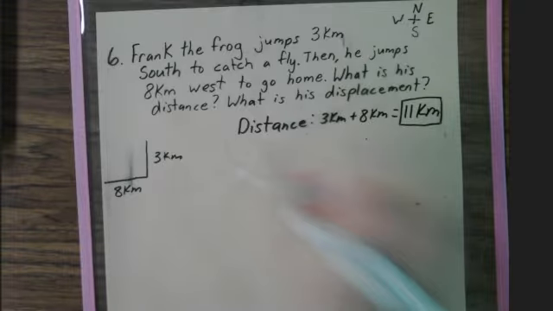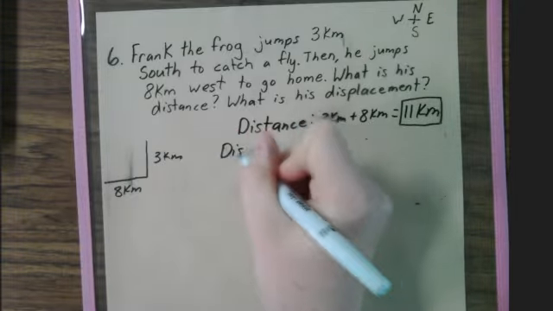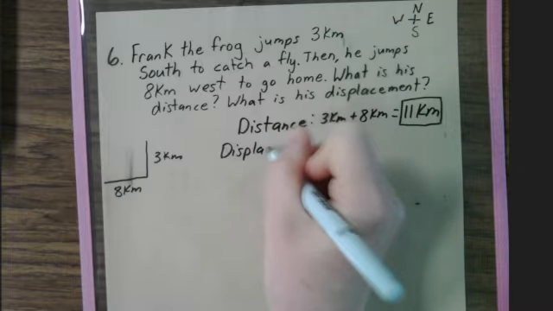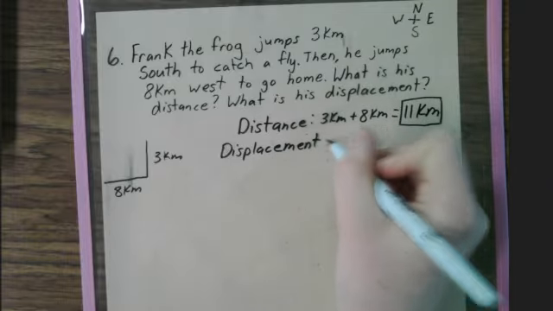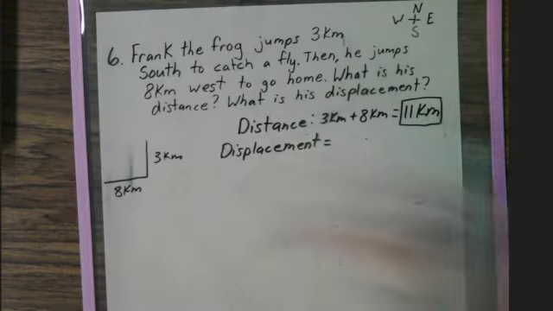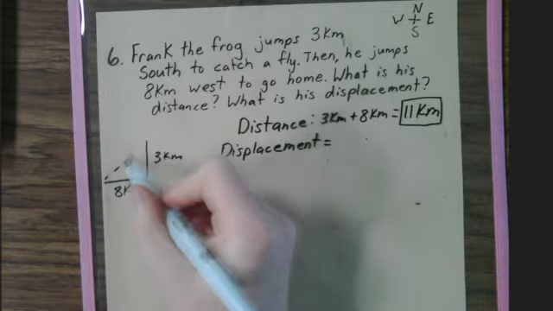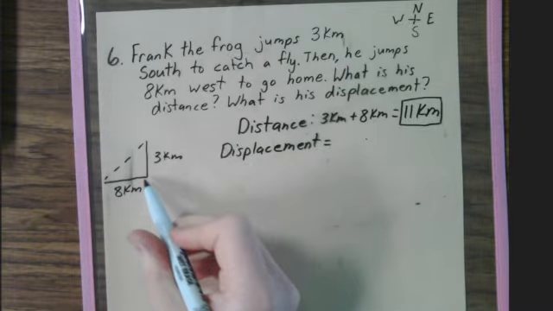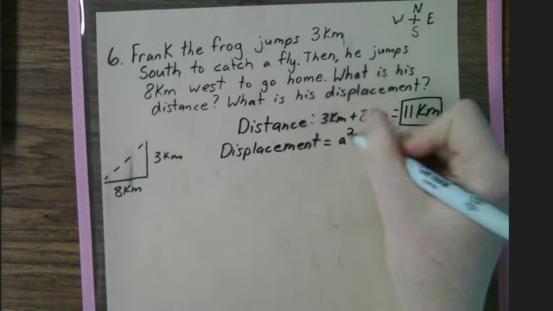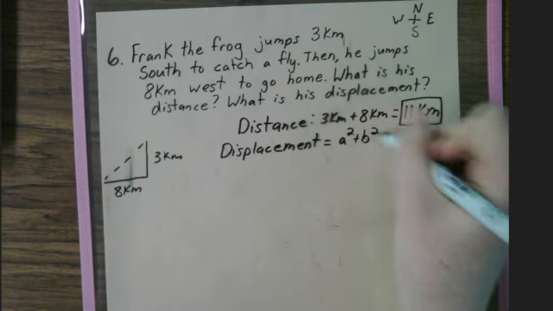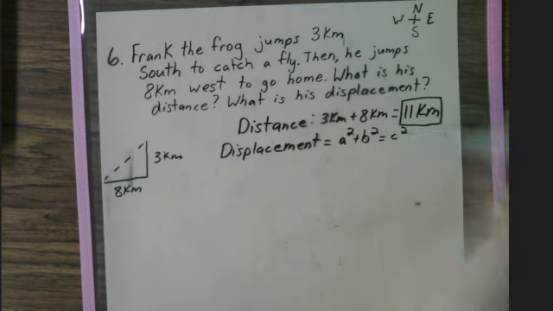Now let's look at displacement. Notice it's not in a straight line again. So we're going to have to use our other formula, our Pythagorean theorem, because it makes a right triangle. And that is a squared plus b squared is equal to c squared.